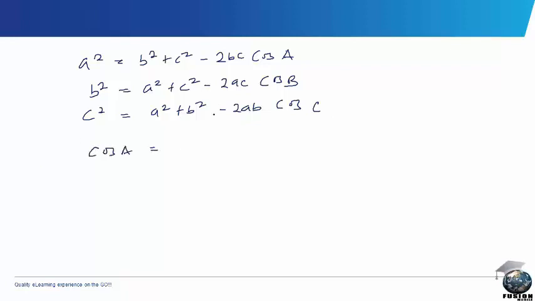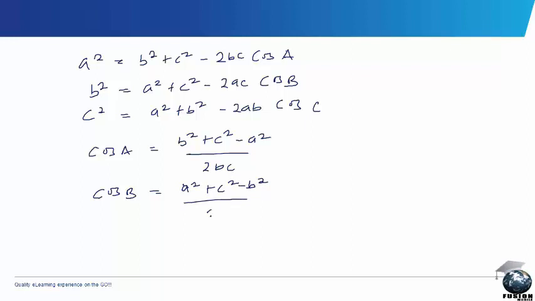And the same thing applies if you want to find the missing angle. You denote your formula as cos A equal to B squared plus C squared minus A squared, all over 2 times the two positive sides, BC. Then cos of the missing angle B is given as: B squared will be negative, and the rest will be positive, so A squared plus C squared minus B squared all over 2AC, the two positive sides.